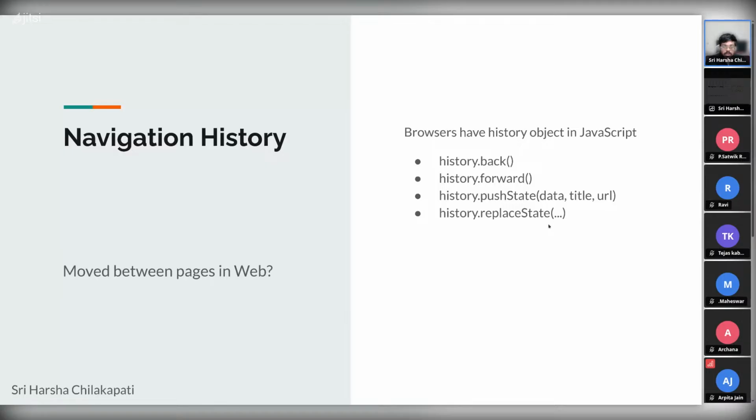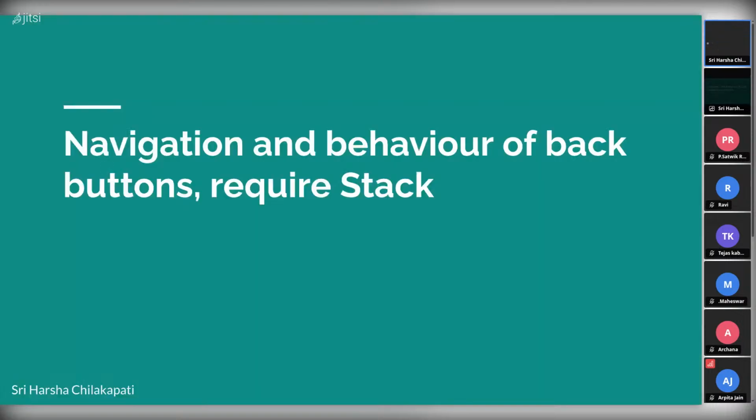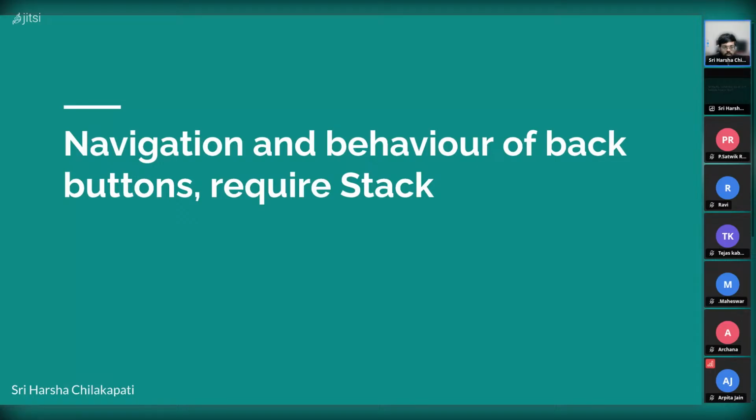And you can also replace the state, which is like removing the current one and loading a new one instead. So this is how history works on the web. Back and forward is done by the stack. So navigation and the behavior of the back buttons require a stack. So this stack is our second data structure.